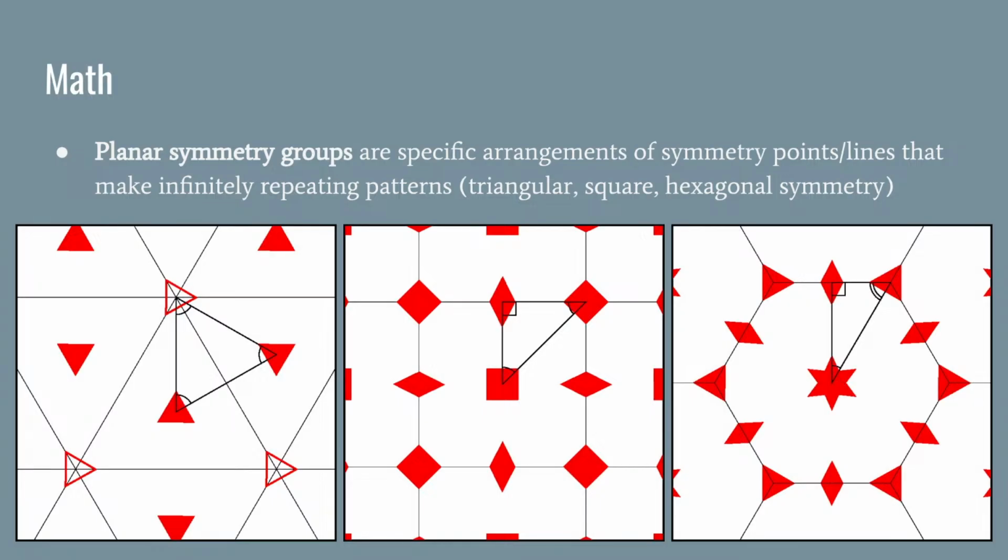So there's other planar symmetry groups. There's finer divisions of triangular, square, and hexagon. There's actually specifically 17 different ways to arrange symmetry points and lines that make repeating patterns.